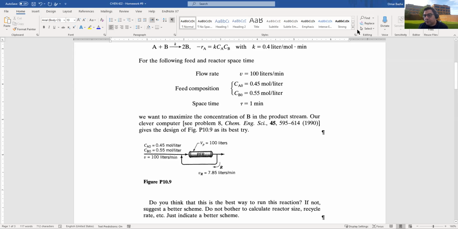And when approaching these types of problems, again, we've touched on this a few times before. When approaching these types of problems, you always want to get your minus 1 over RA versus CA. So this is problem number 2.